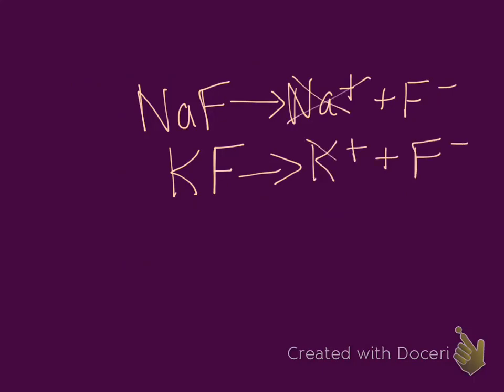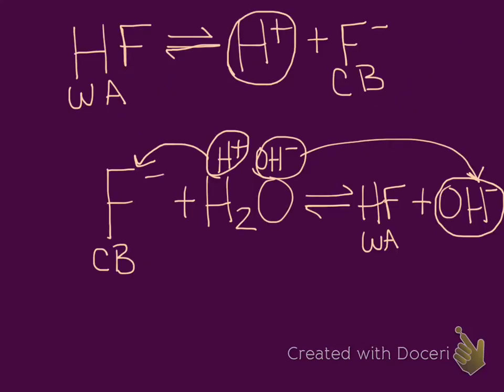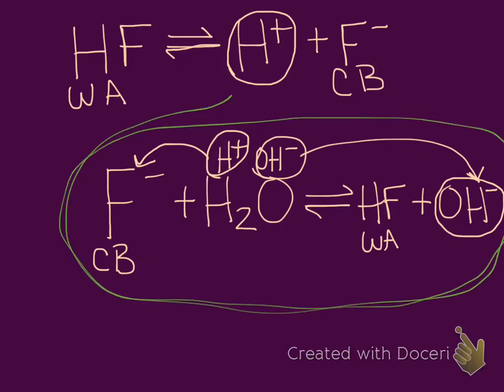Both of these are spectator ions that we're not really going to care about. So in both cases, you're going to end up with F-, and then you can do the reaction. We'll go through the reaction right here, the dissociation, to generate a base. So the K really isn't going to interact with this equation here. That's going to take place once that F- dissolves.